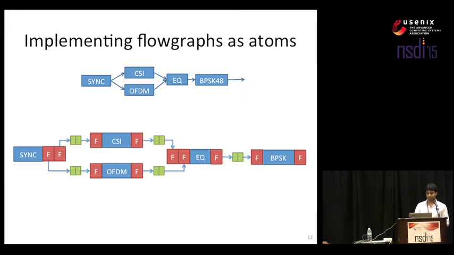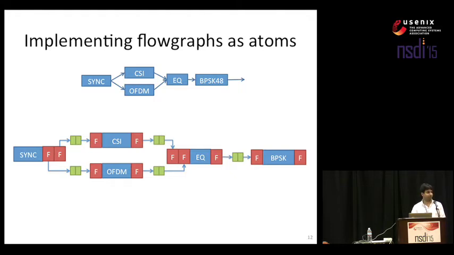Now, the point to note here is that there's an additional execution time overhead that you will start to pay in order to access these FIFOs. And the question is, will your flow graph still be an atom where you can reason about its execution time? In Atomix, the FIFO access operations are implemented by the system in the form of atoms. So the execution time to access a buffer from a FIFO or to return a buffer is fixed and known ahead of time.